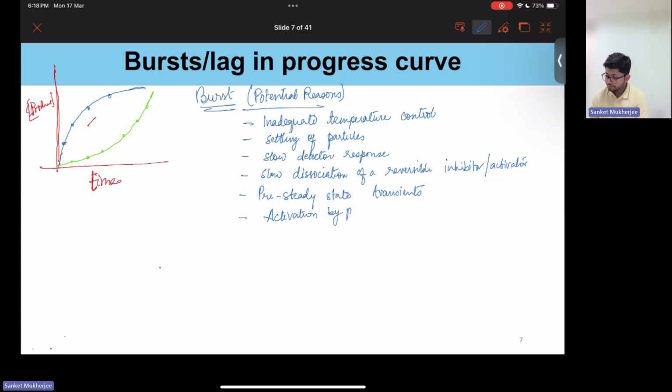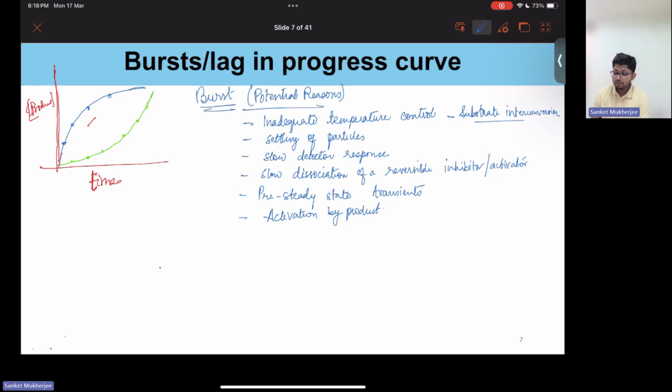What does this mean? We have talked about feedback inhibition due to product, but there could be activation as well. And there could be another reason, that is substrate interconversion. Substrate converts into some other form, that is also possible, right?